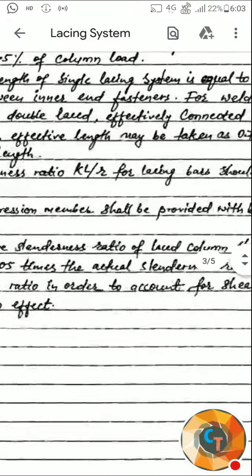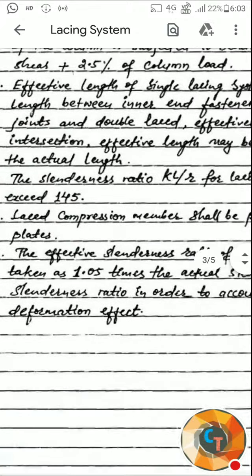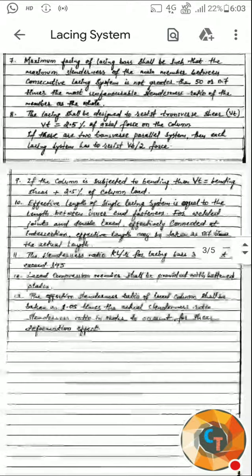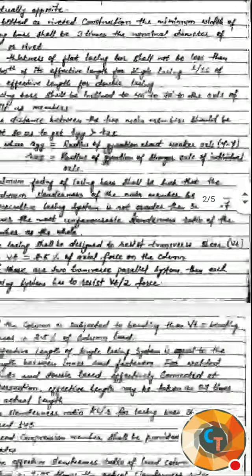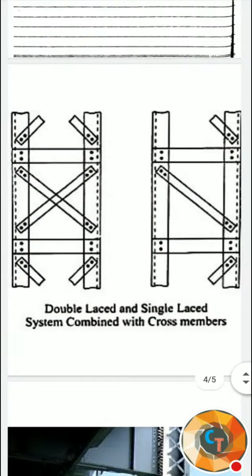Laced compression members shall be provided with batten plates. What does it mean? Here you can see in the figure. The vertical members are the main members.